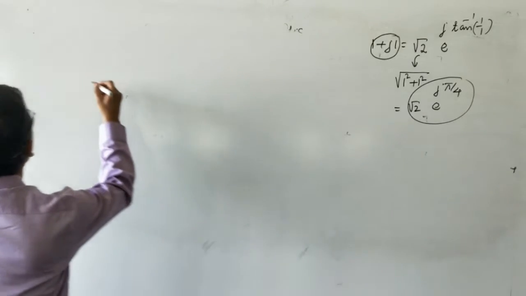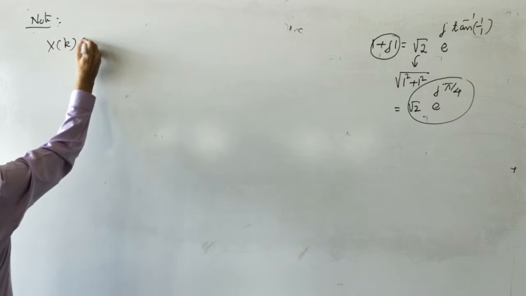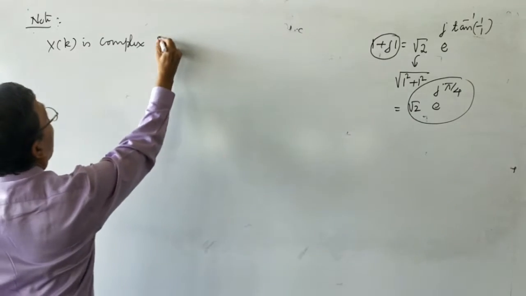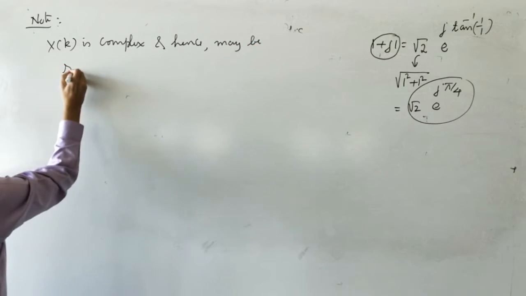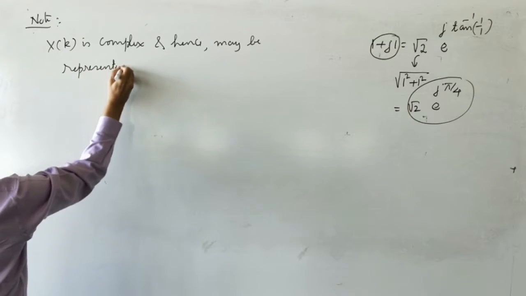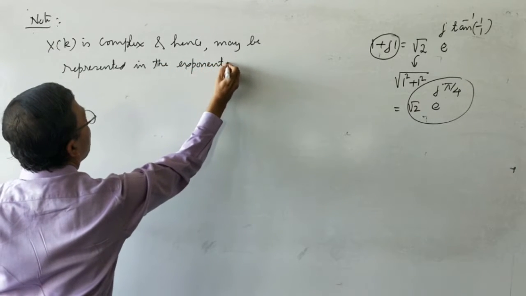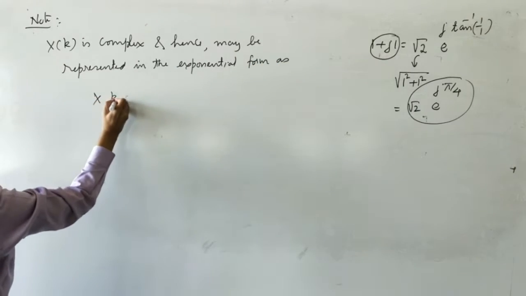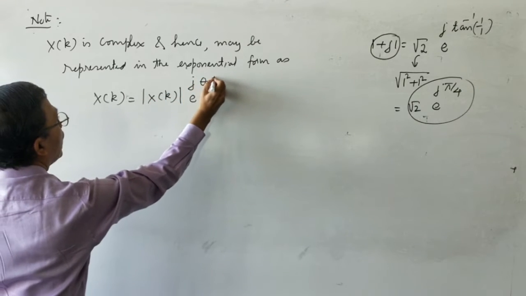Note, x of k is complex. By that analogy, x of k is complex and hence may be represented in the exponential form, as x of k is equal to magnitude of x of k into e to the power j times theta of k.